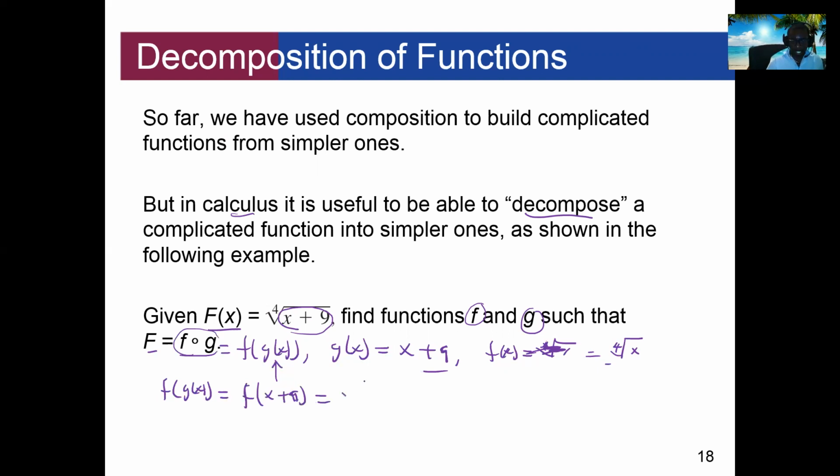We know that f is the 4th root of x, so we are plugging in g of x, which gives the 4th root of x plus 9. Now compare this. This is the same as the capital F of x.